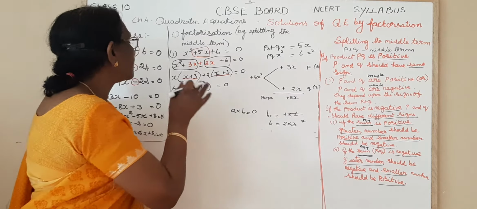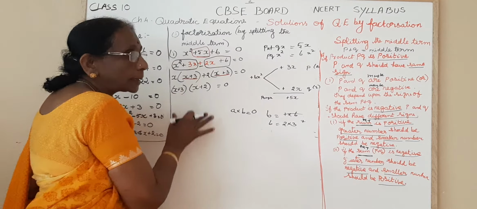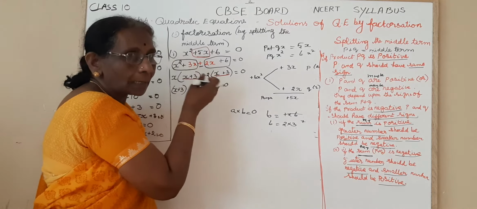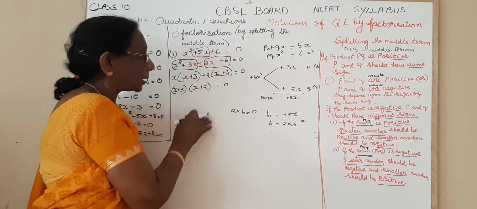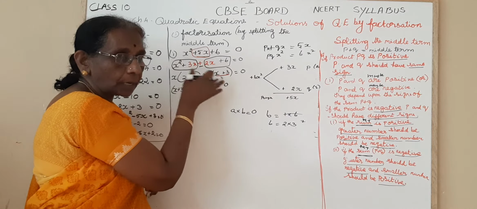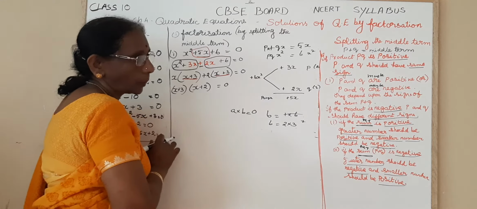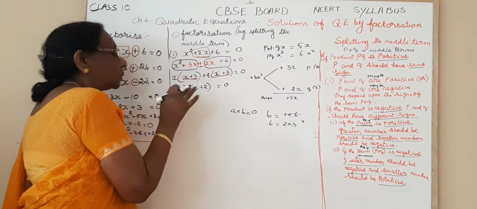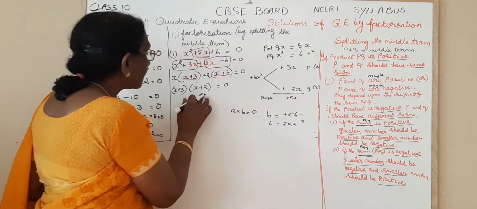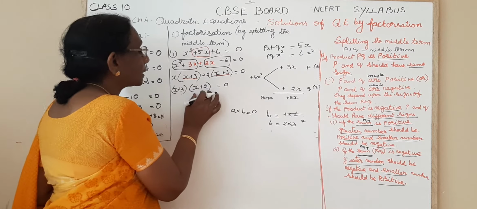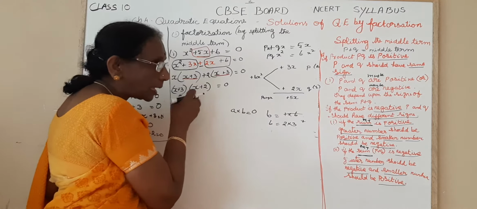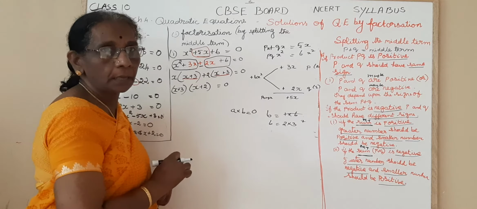Here we have factorized the quadratic polynomial in the left hand side into x plus 3 into x plus 2. When you multiply these two, you have to get the answer as 0.